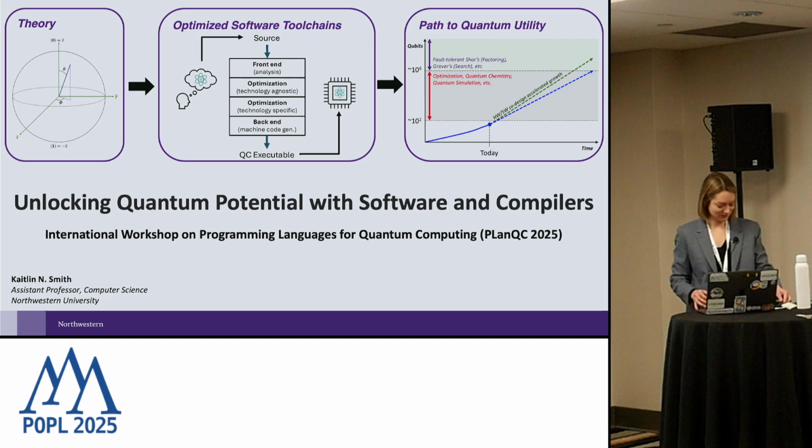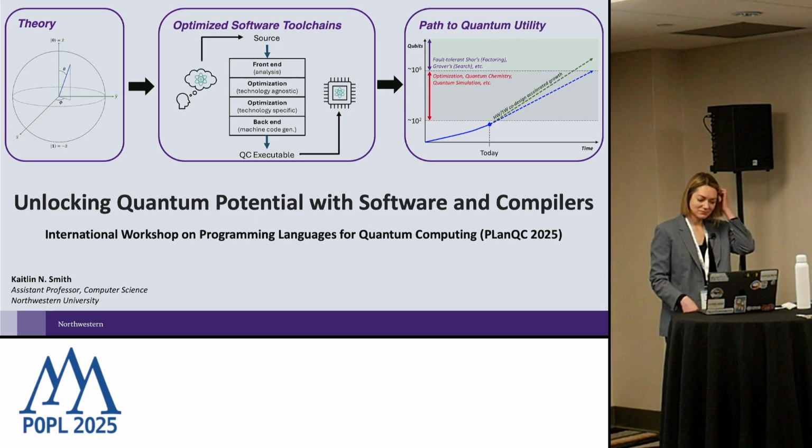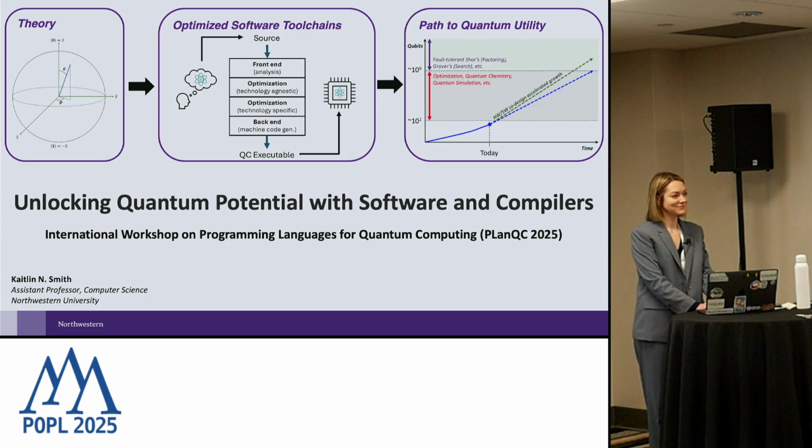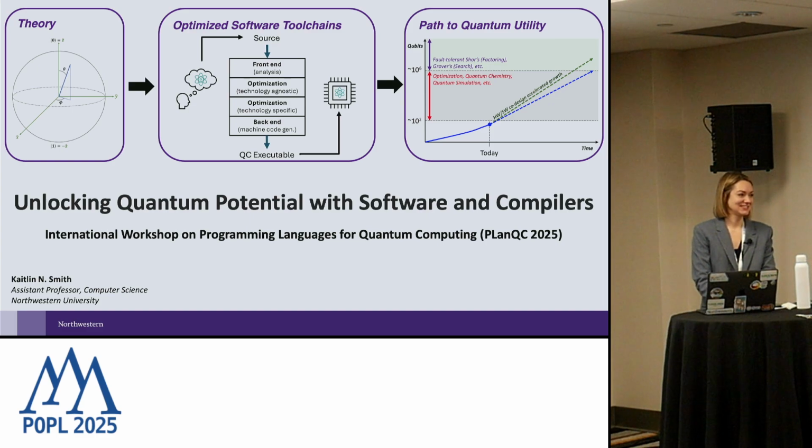She managed the software engineering team at Inflection that was responsible for SuperSec, which is a physics-aware quantum compiler. She also spent time at the University of Chicago as an IBM Chicago Quantum Exchange postdoc, and she received her PhD from Southern Methodist University. So we're really excited to have her here today. She's going to tell us how to unlock our quantum potential with software and compilers.